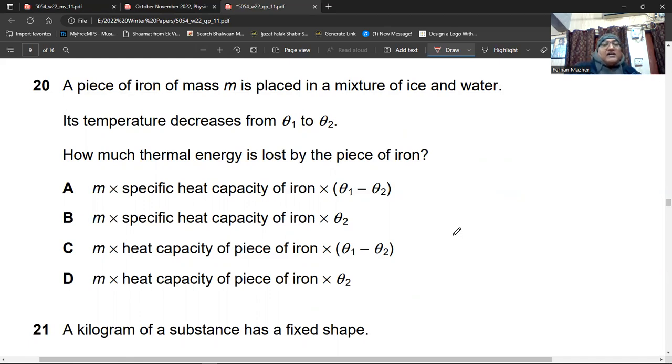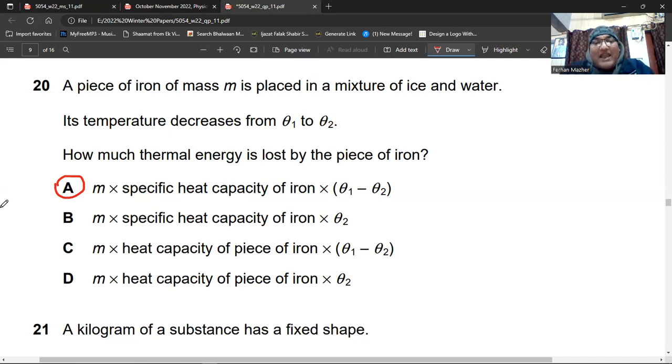The energy lost by the piece of iron will be mc delta theta. Here m is the mass, c means the specific heat capacity of the iron, and delta theta means the change in the temperature of the iron, and that will be theta 1 minus theta 2. So mass multiplied by the specific heat capacity multiplied by the change in temperature. I think A is the right choice.